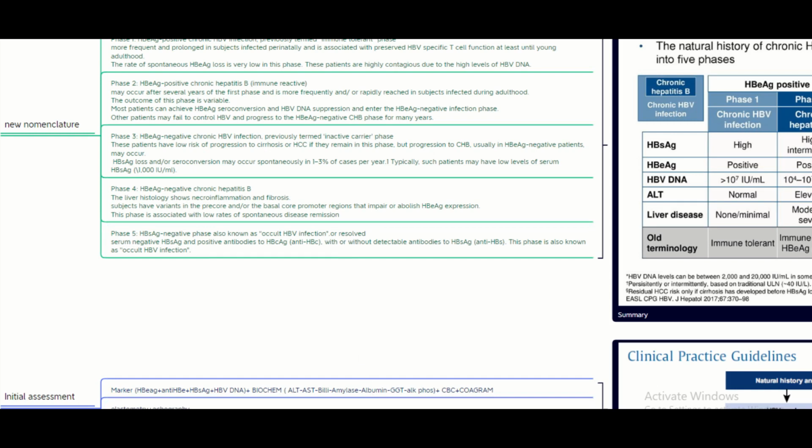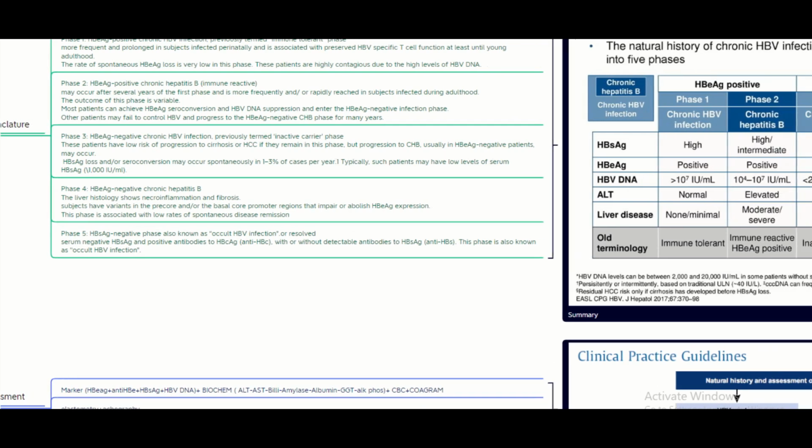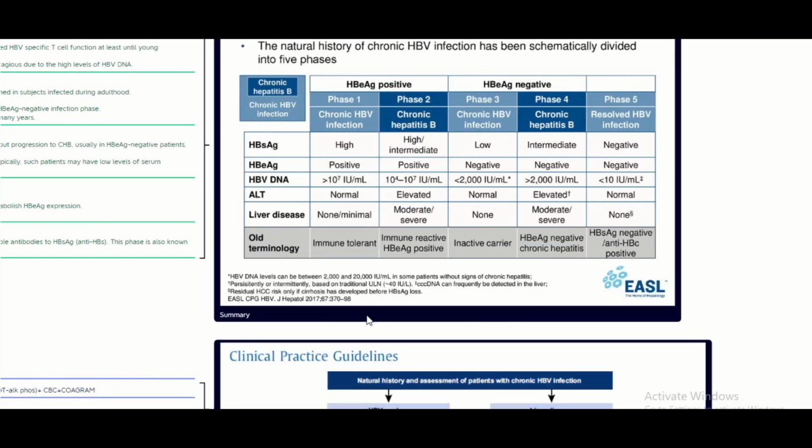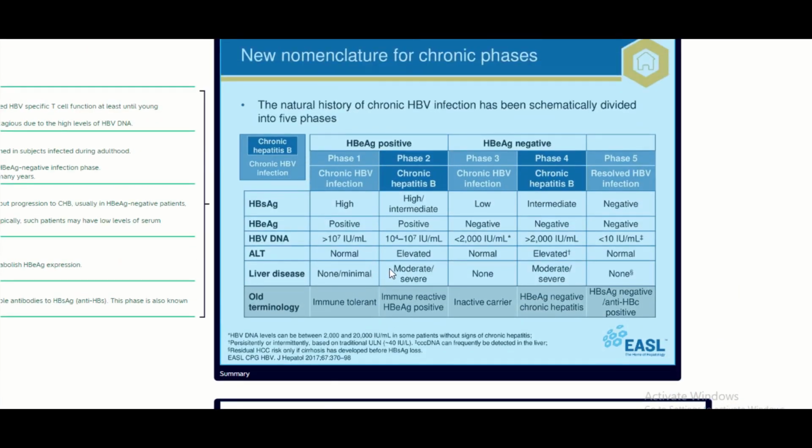The patient in this phase will have anti-HBc only, which is kind of weird by itself since the patient has already got the infection. And this usually happens after long-term taking of the antiviral drugs.